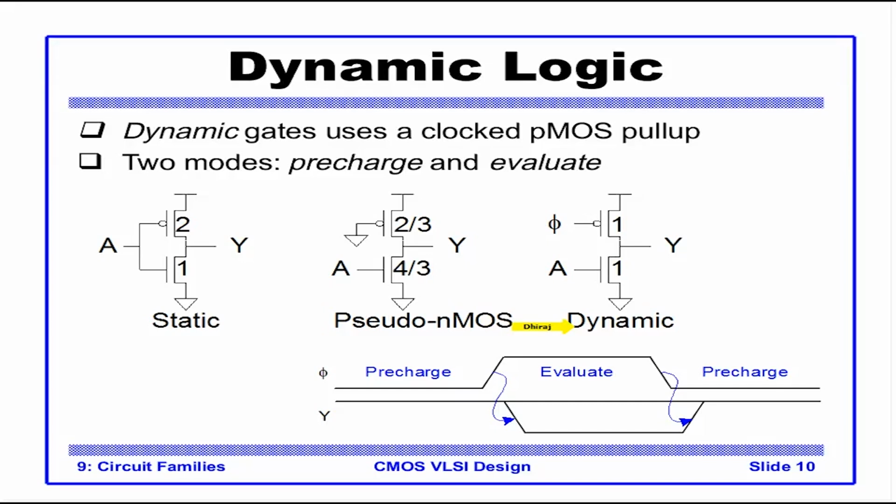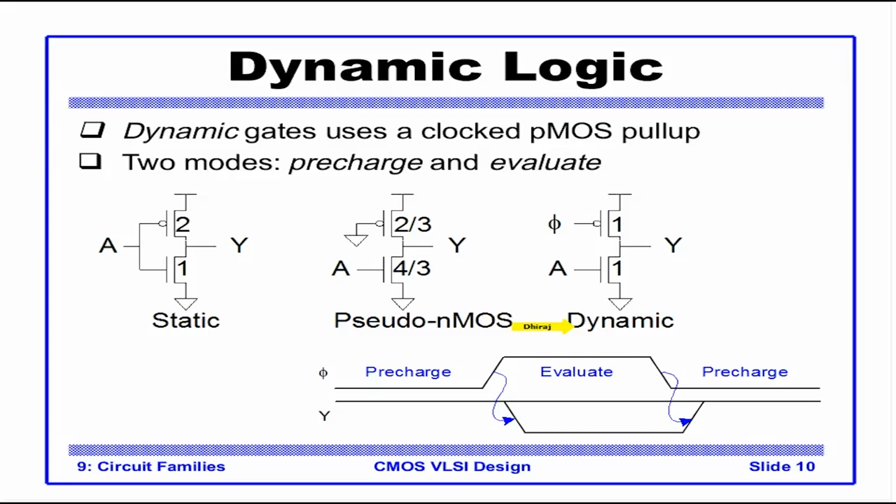In dynamic logic, this PMOS will be on when the clock is 0. We call this pre-charge mode. This PMOS would be off when the clock is 1. We call it evaluate mode. Now what happens during these modes?